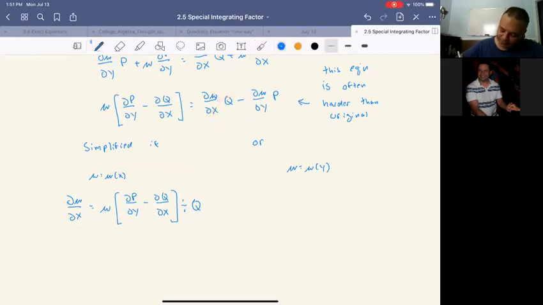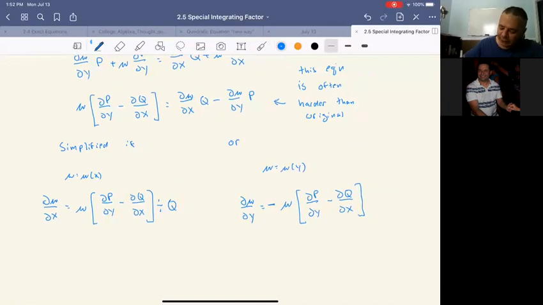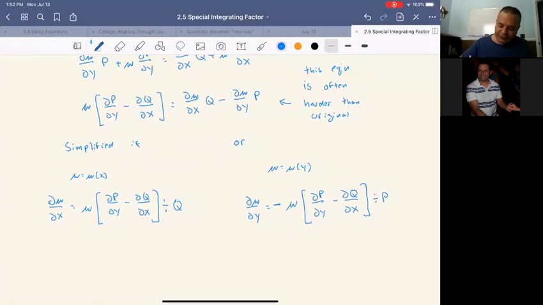I'm going to write partial mu with respect to y equals, sorry, let me put the negative sign here, negative mu times partial p with respect to y minus partial q with respect to x, divided by p.